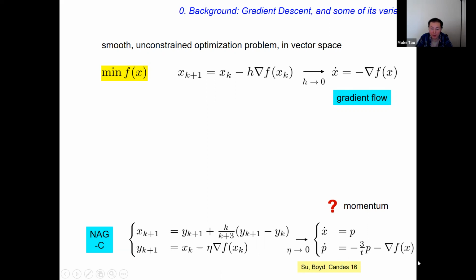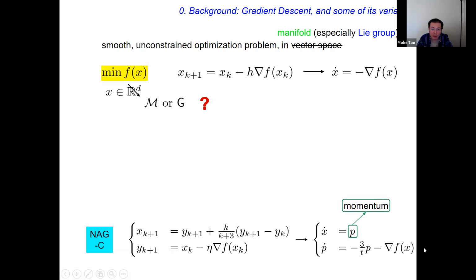Then in a beautiful paper by Su, Boyd, and Candès, they showed that in this limit, you are dealing with a damped mechanical system. And this P is naturally the momentum of the mechanical system. If you track everything, you will see this P is a rescaling of the difference between adjacent Y values. So that's why the difference between Y values is really playing the role of a momentum.